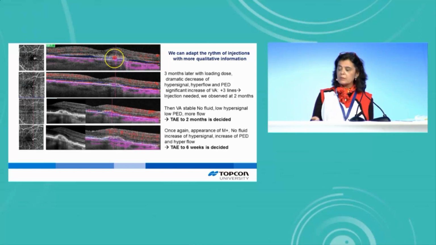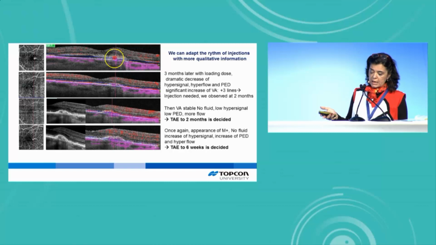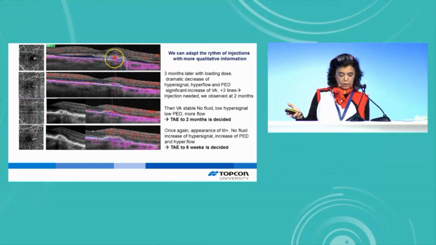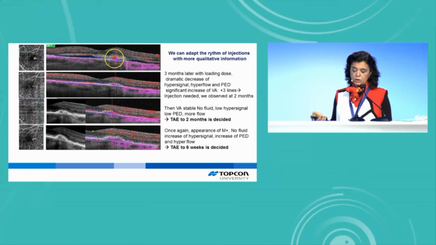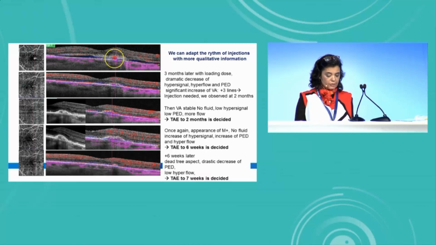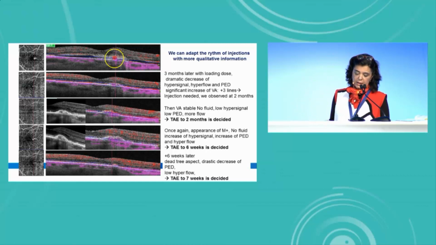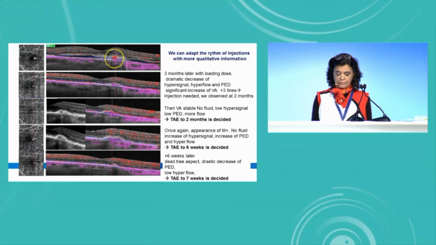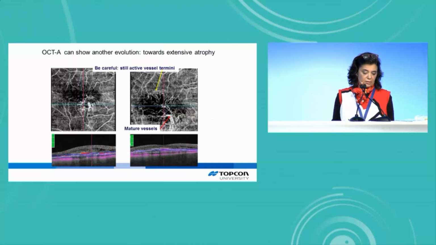Once again, appearance of metamorphopsia with increase of hypersignal, of PED and hyperflow, we adapt, treat and extend to 6 weeks. 6 weeks later, we have a dead tree aspect with drastic decrease of PED and hyperflow, and treat and extend to 7 weeks is decided.